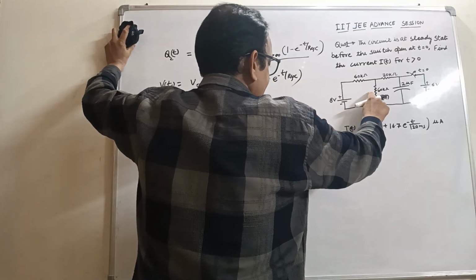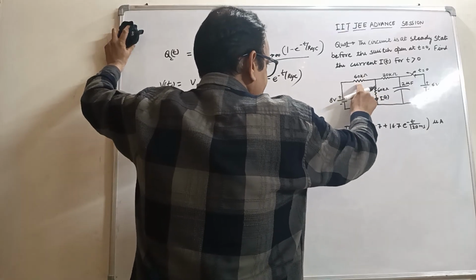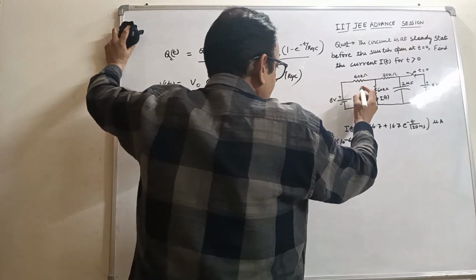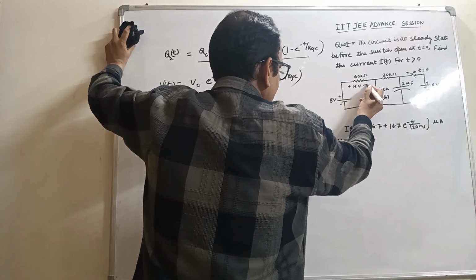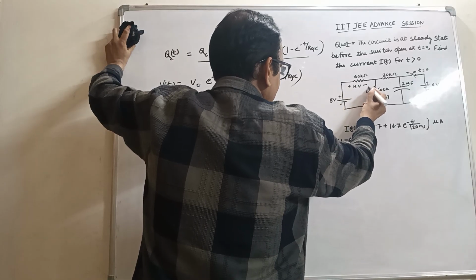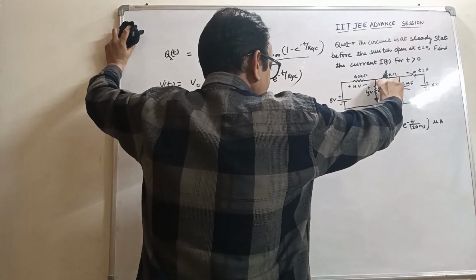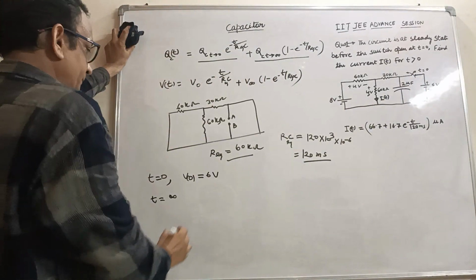These two resistors are in series with equal resistance, so voltage is equally distributed: 4 volt here, 4 volt here. The 4 volt is across this resistor, so the same voltage is across the capacitor.